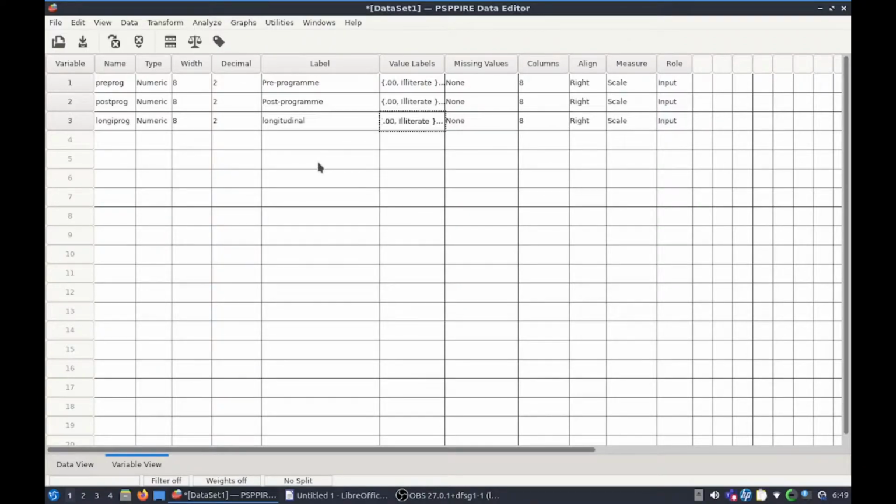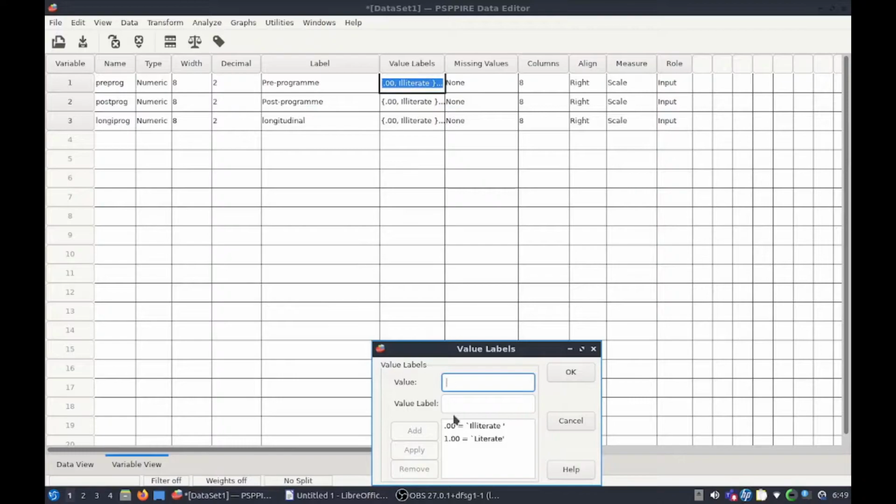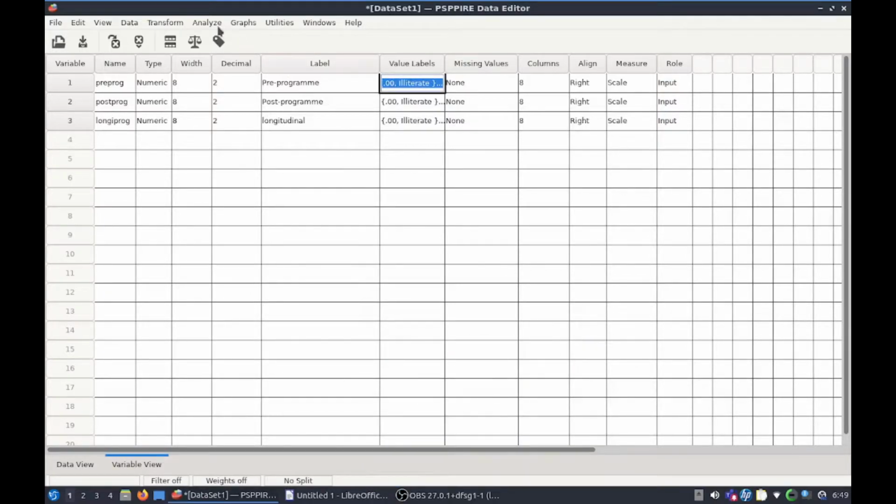Before we go into the test itself, remember that the coding has to be done carefully: 0 represents illiterate, and 1 represents literate. Let's go ahead and perform the test.